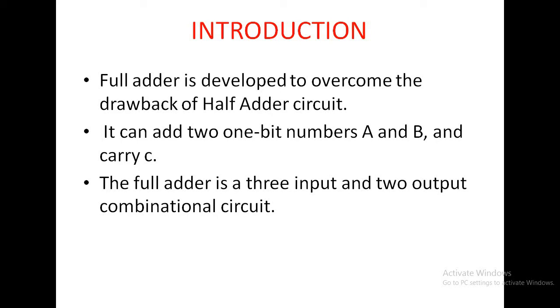So full adder can add two 1-bit numbers A and B and carry C. That means in full adder we can add 3 bits, but in case of half adder we can add 2 bits. The full adder is a 3 input and 2 output combinational circuit. Always remember, the full adder is a 3 input and 2 output combinational circuit.